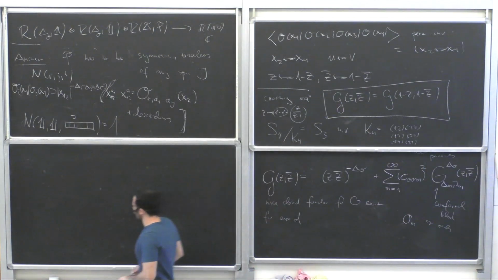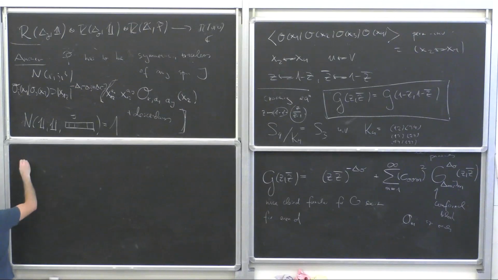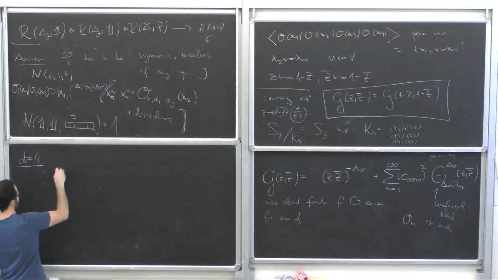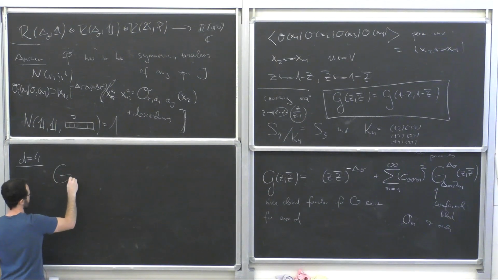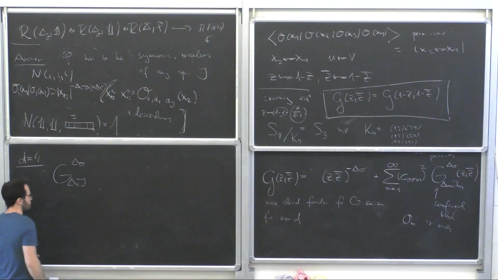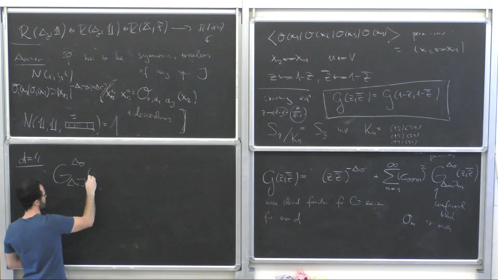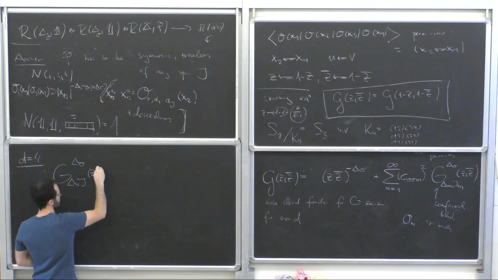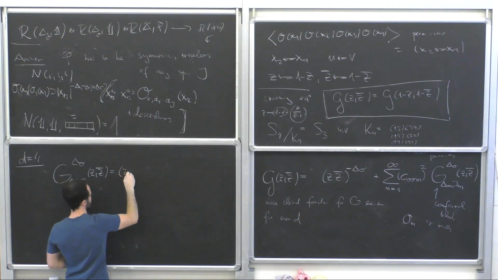Okay, so I will not tell you how to derive these conformal blocks, but I'll give you some formulas, and maybe I can make some comments. So in 4 dimensions, there is a very nice closed formula for these conformal blocks, which takes the following form. The conformal block for the exchange of symmetric traceless operators as a function of z and z bar looks as follows.